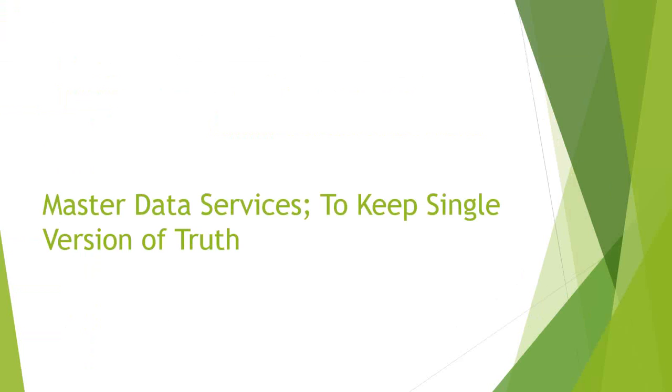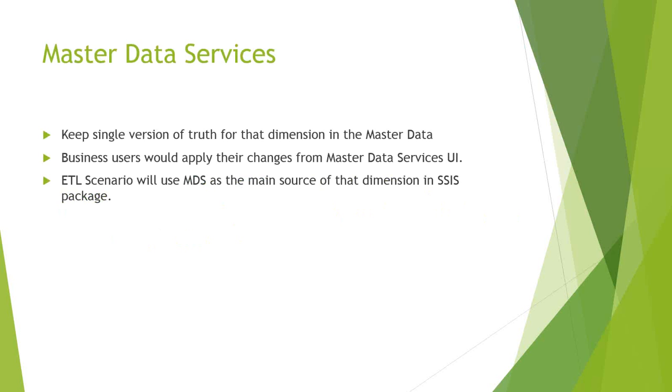Then the Master Data Services. In this example, we will try to keep customer data in Master Data Services as the single version of truth. Master Data Services is the data governance structure and master data management structure to keep the single version of truth of an entity.